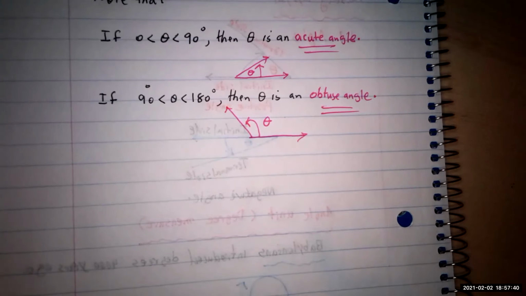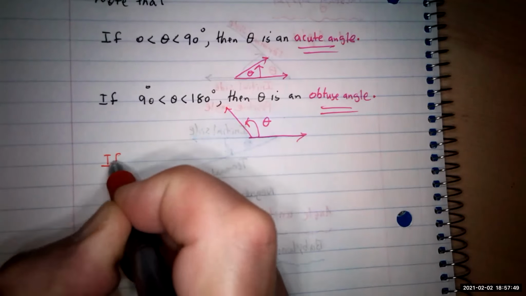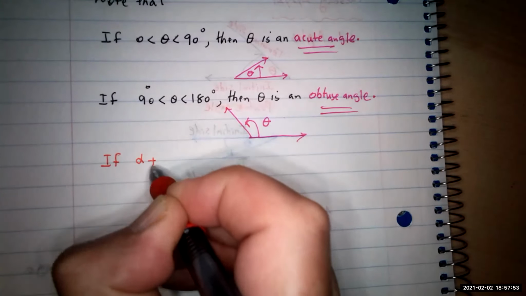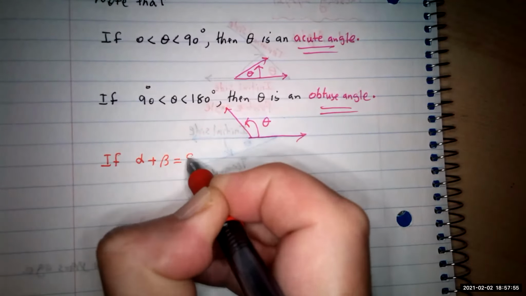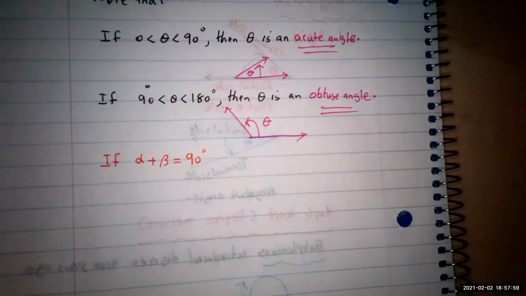So that's one. This and the next one, this definition, would be used quite a lot. If the sum of two angles is going to be 90 degrees, so let's say angle alpha plus angle beta, if the sum of two angles is 90 degrees, we say that these angles are complements of each other, complementary angles.